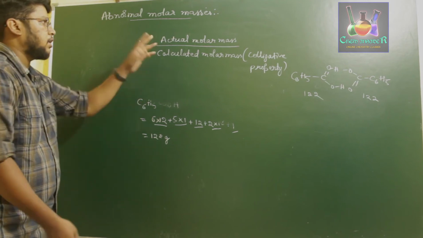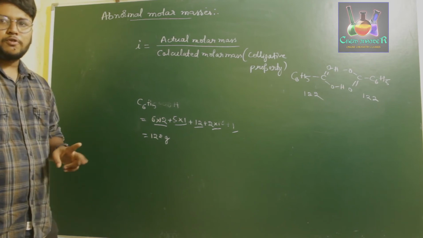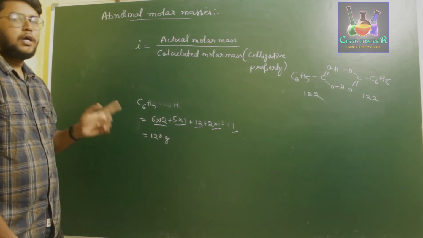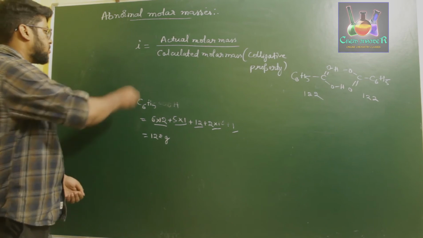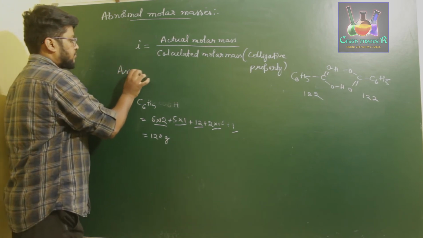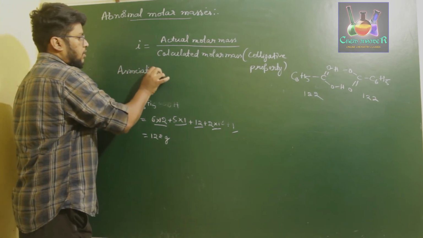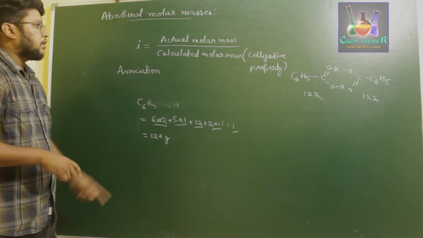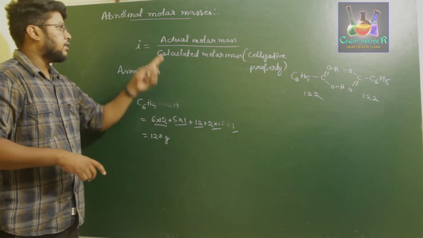If you observe here, we have two types of process: one is an association process and one is a dissociation process. For the process of association, as in benzoic acid itself, the calculated molar mass is higher than the actual molar mass.